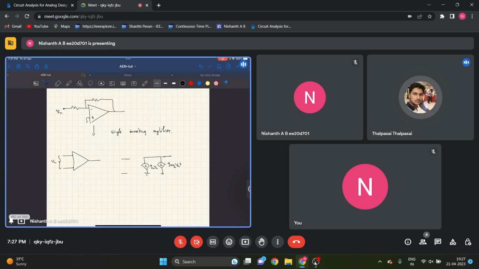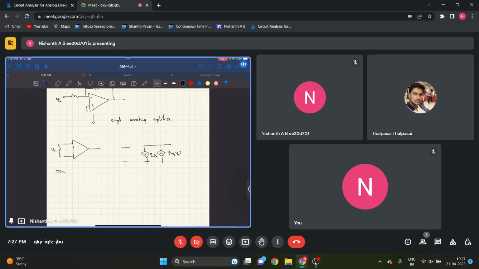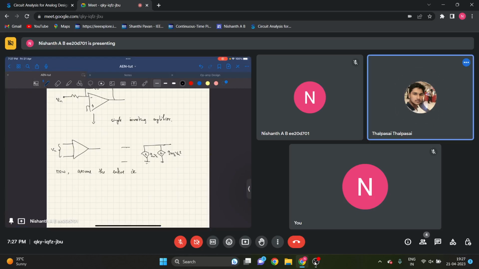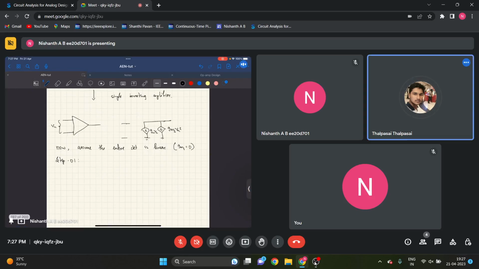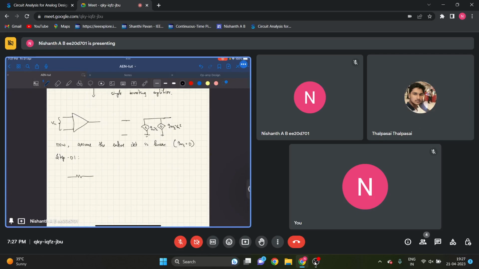Okay. Now, what is the first step to analyze the circuit? Assume the entire circuit is linear, making Gm3 zero. This is step 1. So how does the circuit look?